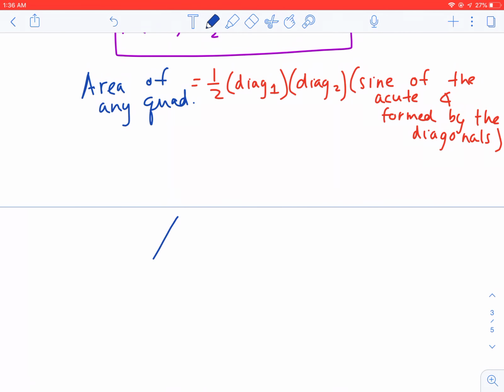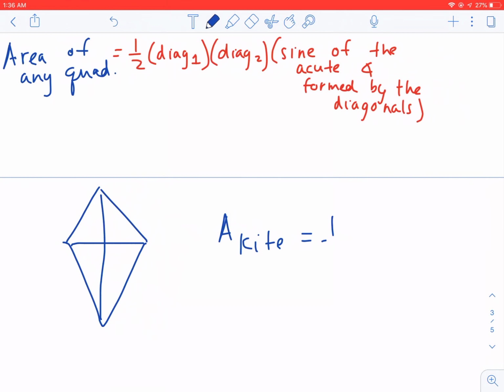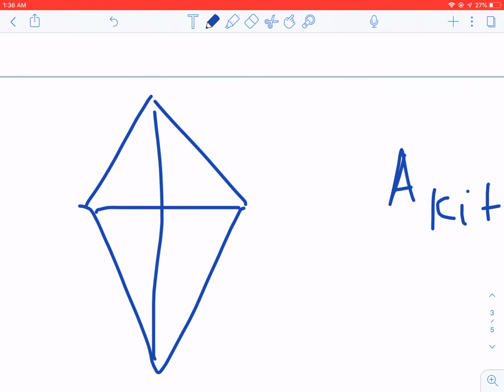In fact, for a kite, I don't know if anyone remembers this, but the area of a kite is, or was equal to, or still is, 1/2 times the two diagonals, right? So if we try to apply it to this formula, well, we don't have any acute angles in a kite because they're all right angles, but that doesn't matter.